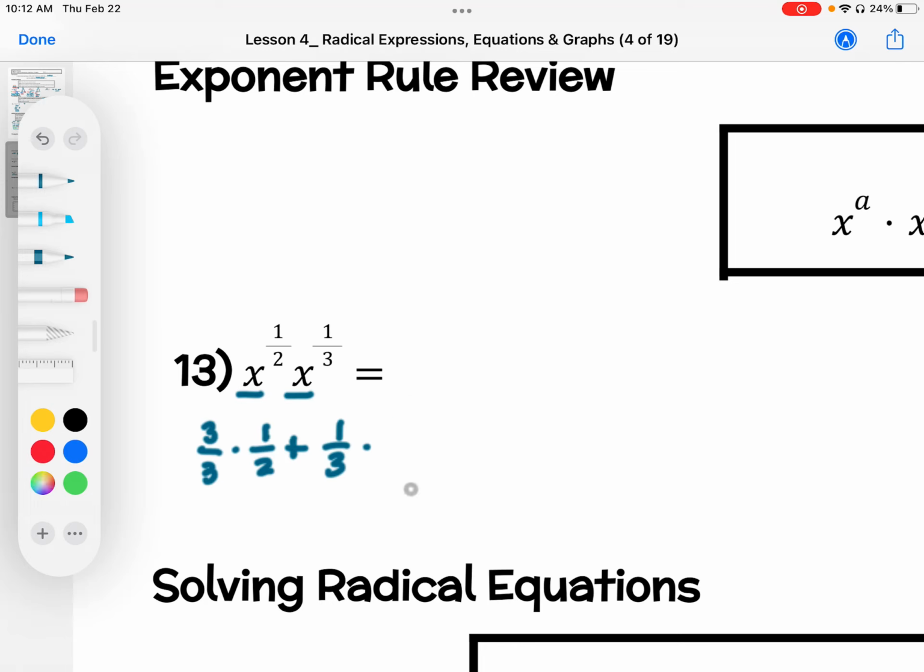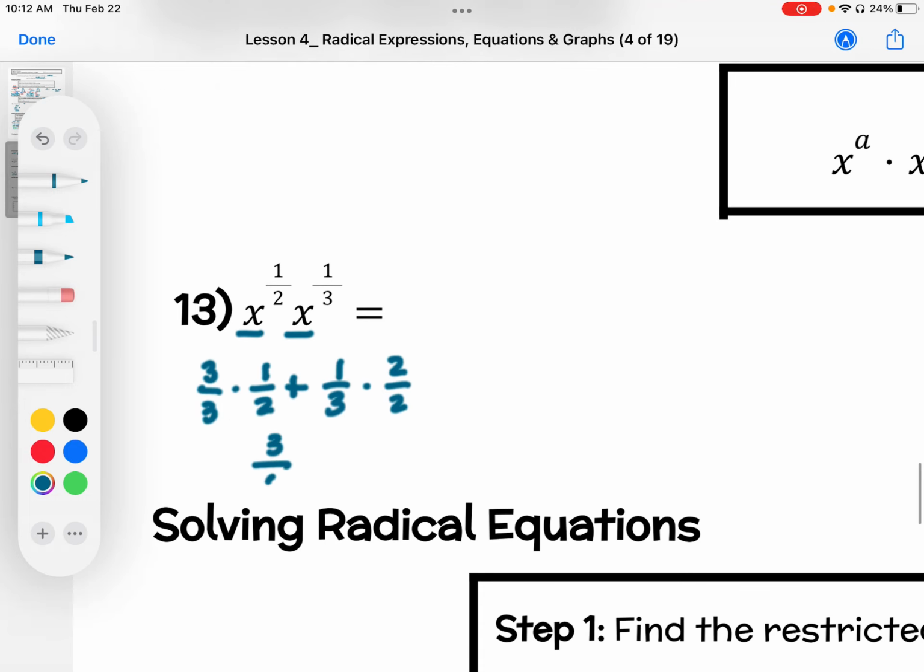We're going to multiply by 2 over 2 and 3 over 3. So then we would have 3 over 6 plus 2 over 6, which is going to equal 5 over 6. So that's a lot of work just to say that this given problem is equal to x to the 5 over 6.